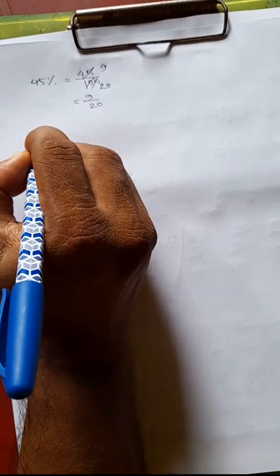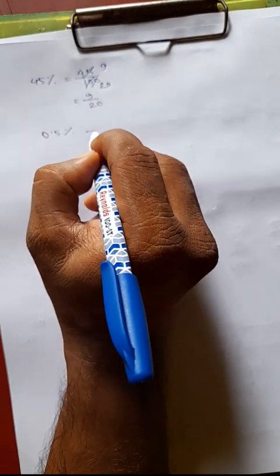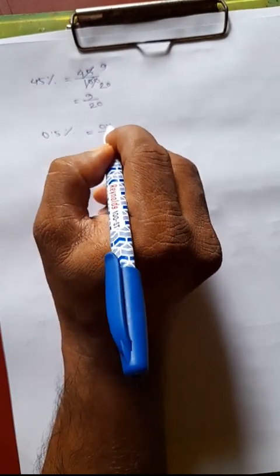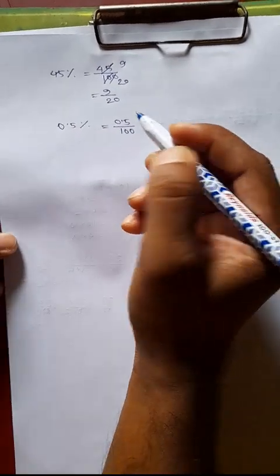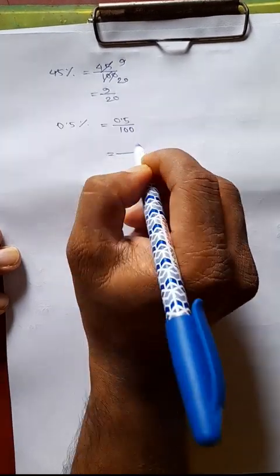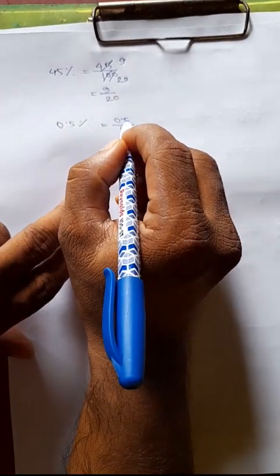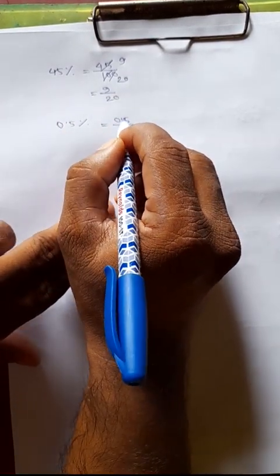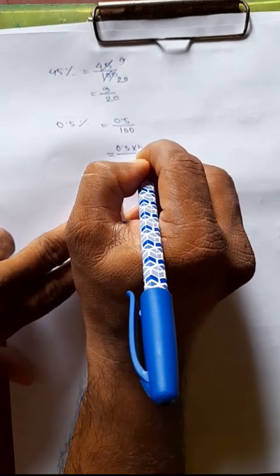Say you are given 0.5%. 0.5% means 0.5 divided by 100. Now we will try to eliminate this decimal from this number. There is only one digit after the decimal, so we will multiply by 10.